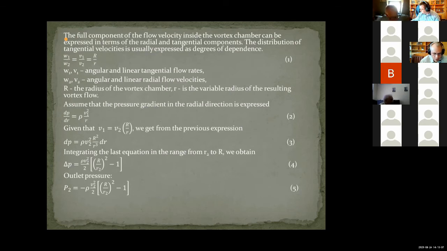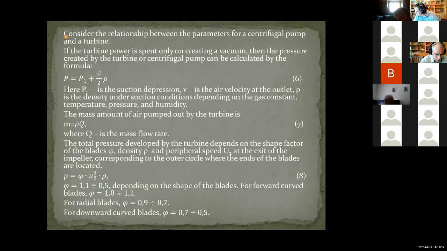Consider the relationship between the parameters for the centrifugal pump and turbine. If the turbine power is spent only on creating a vacuum, then the pressure created by the turbine or centrifugal pump can be calculated by this formula.